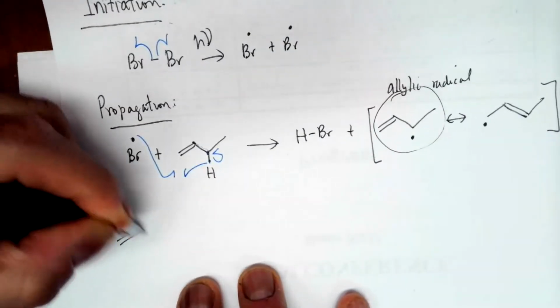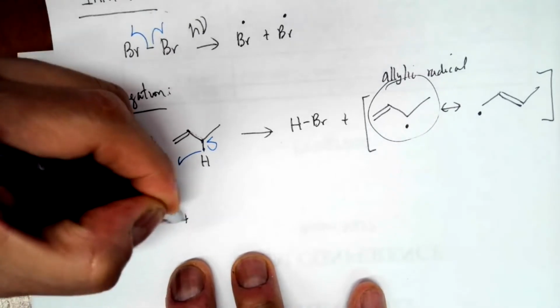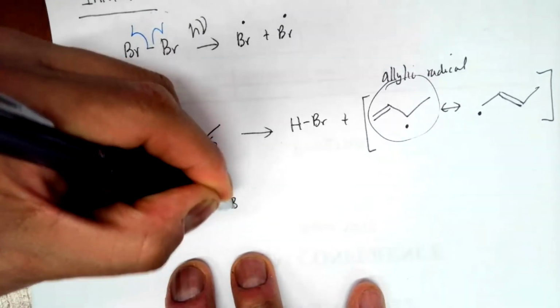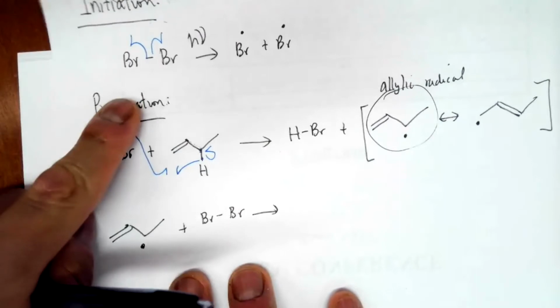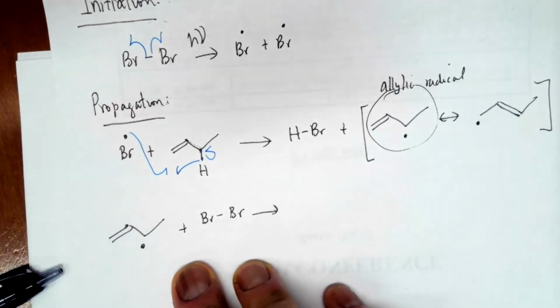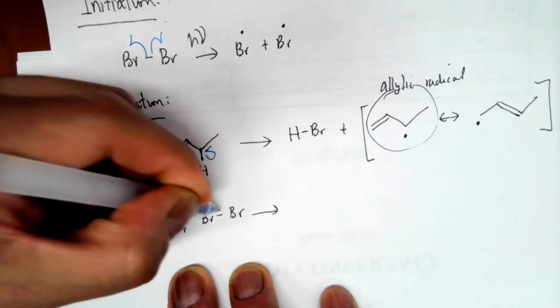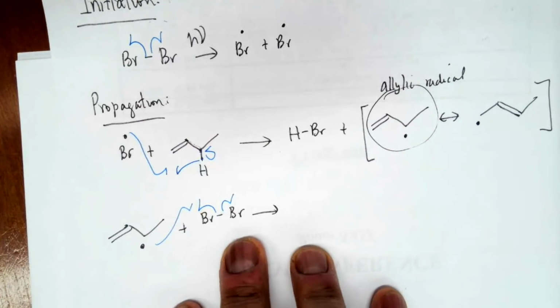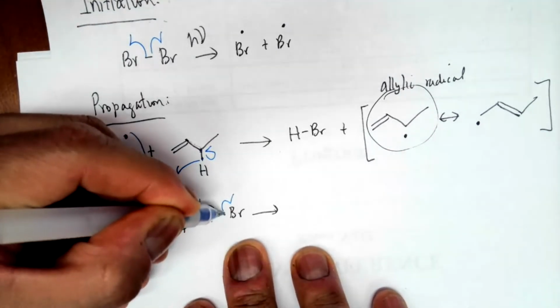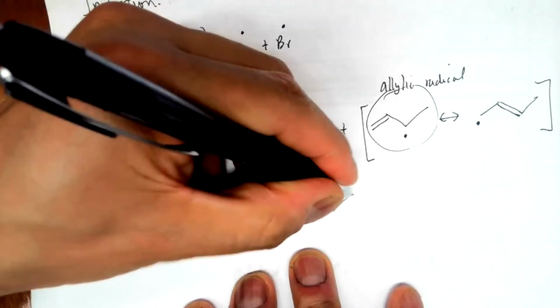Next, my allylic radical reacts with a second bromine. Why the second bromine? Because the first one was used here. Bromine, and then I will make the fish hooks. See, I broke this bromine, and I get the product plus Br radical.